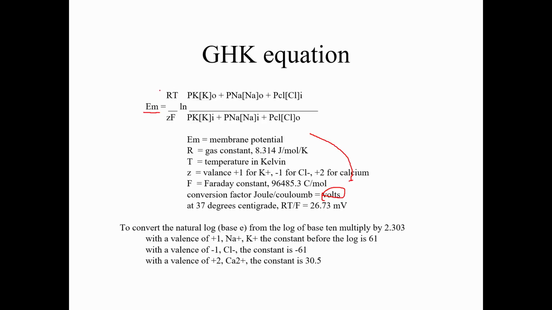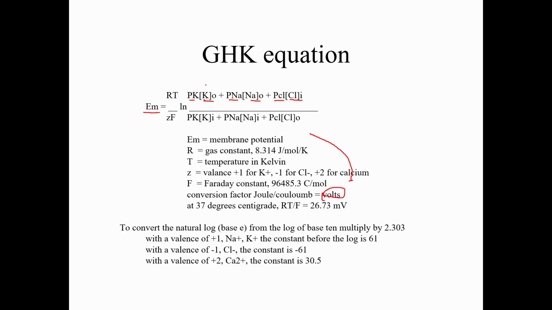All right, so we have some constants to help us get our units right. Then we have the natural log of a permeability constant times the concentration of potassium outside the cell, and a permeability constant for sodium times the sodium concentration outside the cell, and a permeability constant for chloride times the chloride concentration inside the cell.